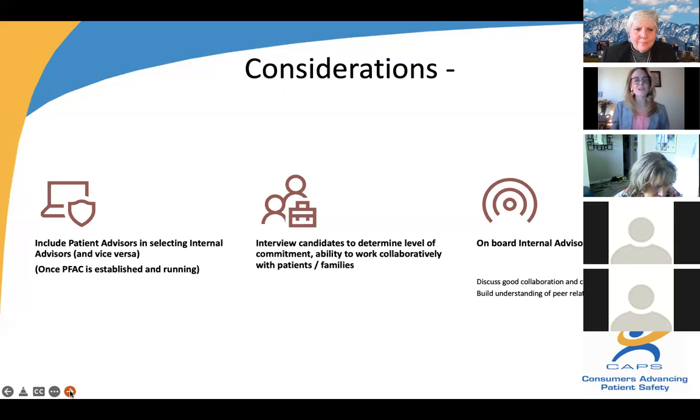All right. So we've talked about this a little bit, including PFAs in selecting internal partners. Absolutely. A lot of times we have our advisors participate, including in interviewing advisors. So why not have them participate in interviewing internal partners? We are partners in this effort to improve patient safety and to improve patient engagement.